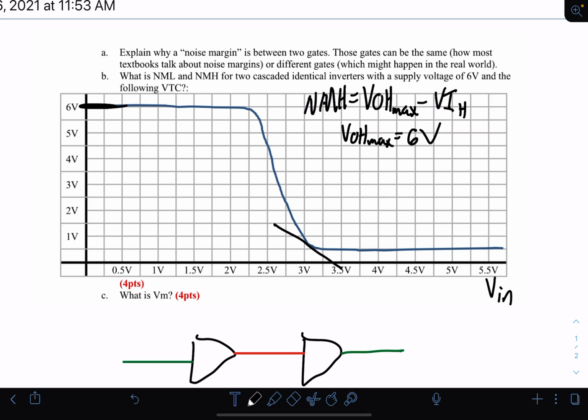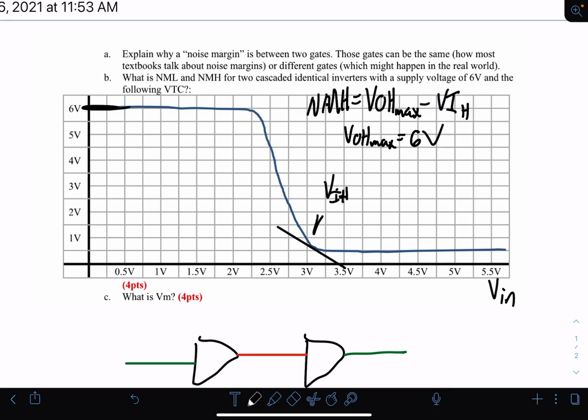And we'll call it like right about there. And so here will be V in high. And again, this is the minimum input voltage that is accepted as a logical high and therefore corresponds to the correct output of a logical low.